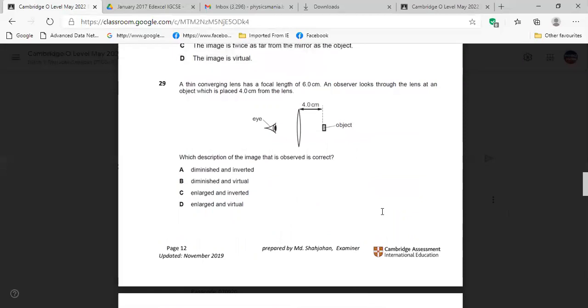So in your worksheet you write that this is for a magnifying glass, where the object is very close and the object distance is less than the focal length.